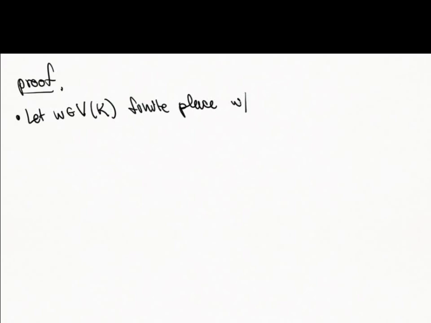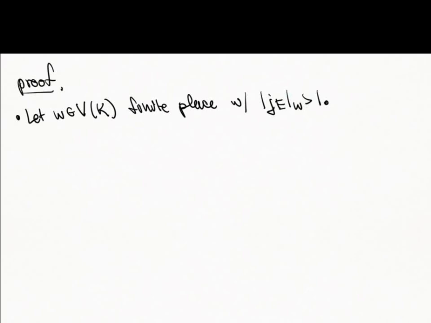Okay, so let's give a proof of this. So proof. We're going to fix a finite place, some place w with the norm of the j-invariant here, where this is positive, with respect to this element.